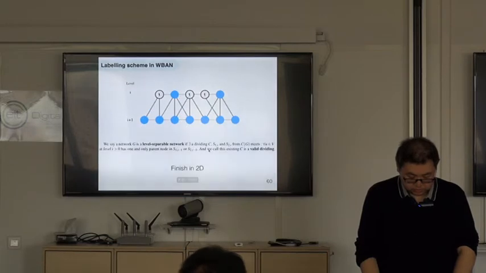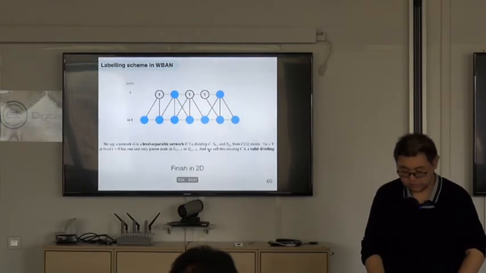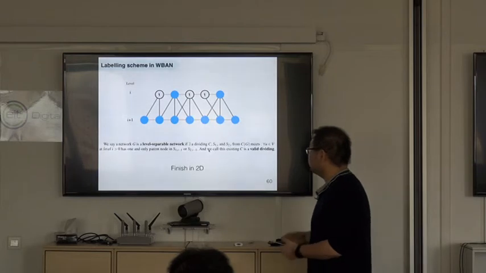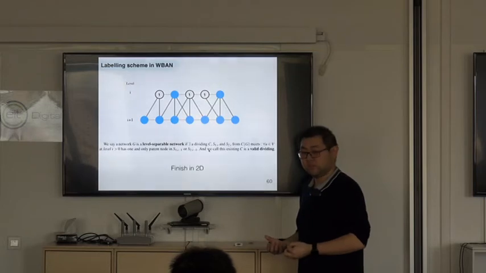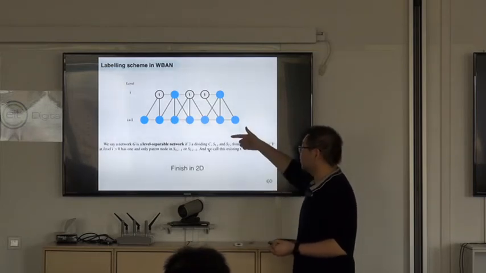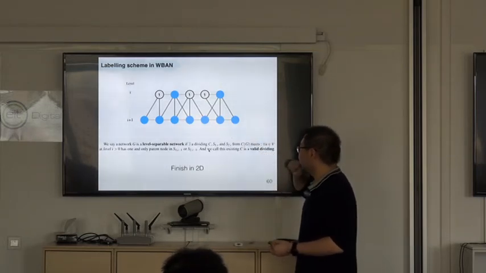So this kind of network is not a whatever network. We define this kind of network as a level separating network. It's not a tree, but a tree is this kind of network.